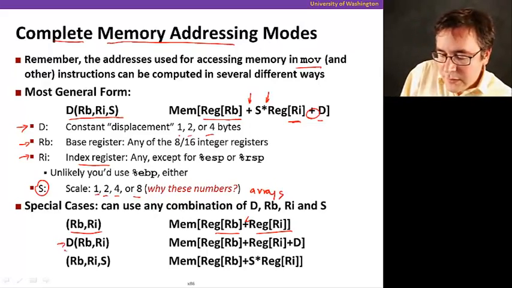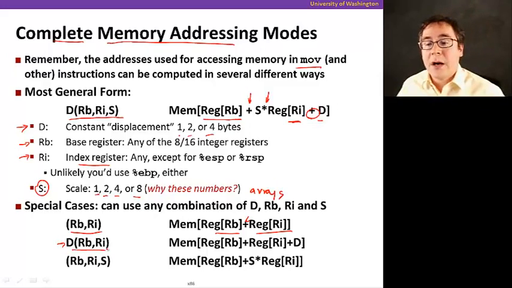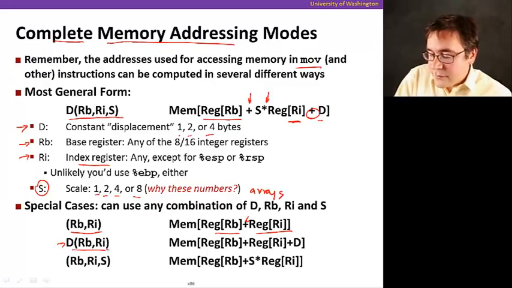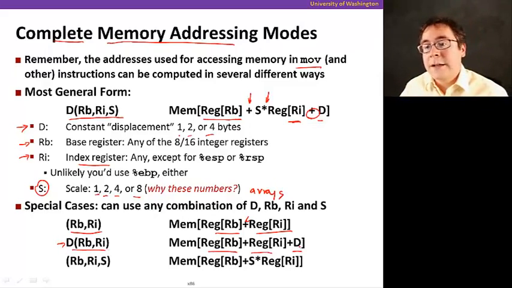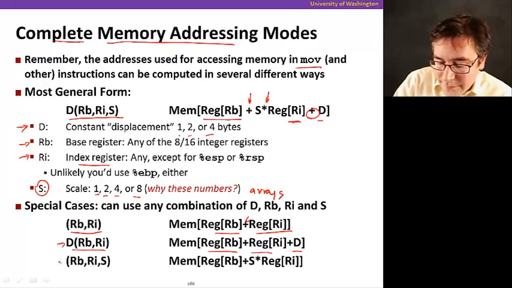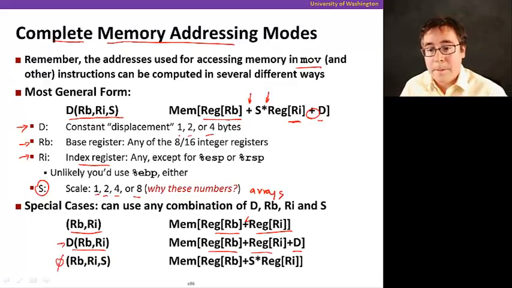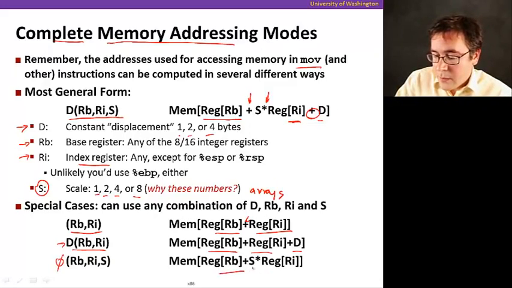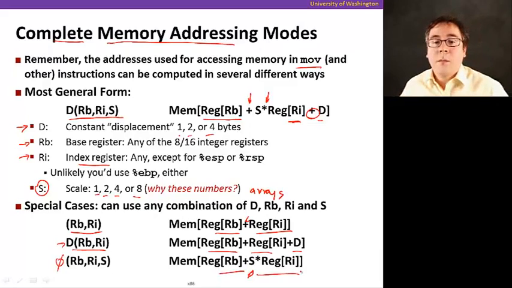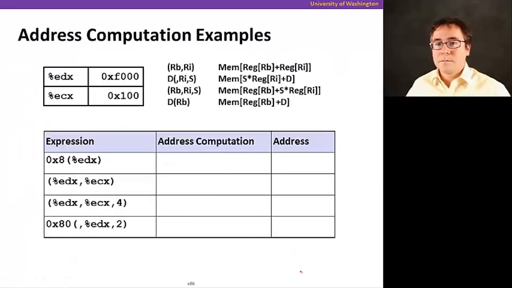We can also use D(RB, RI), which just does RB plus RI plus D, and the scale is again set to 1. You could also have no displacement at all, so the displacement is effectively 0, and it adds RB with the scale multiplied by register RI.